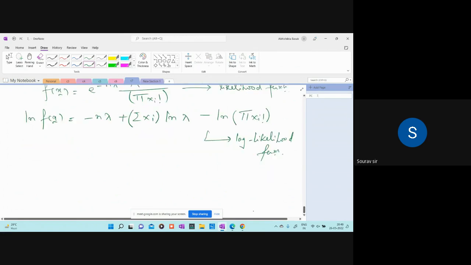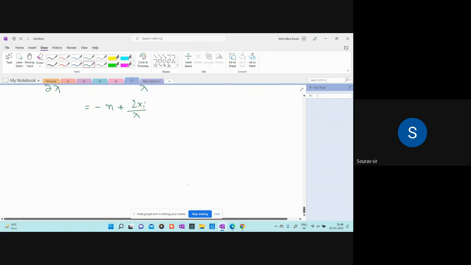After that, we are going to take the first order derivative of this log likelihood function with respect to the parameter. So if I am doing the derivative, I will be getting minus n plus summation over xi by lambda minus 0, that is basically equal to minus n plus summation over xi by lambda.